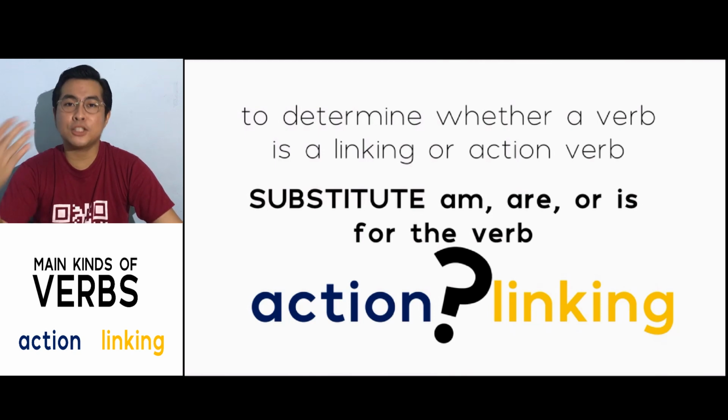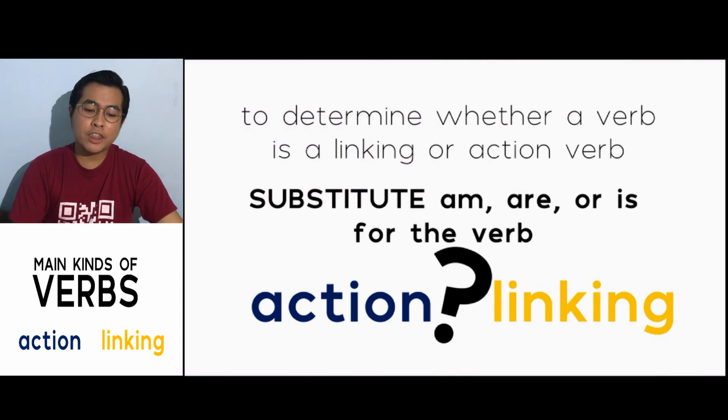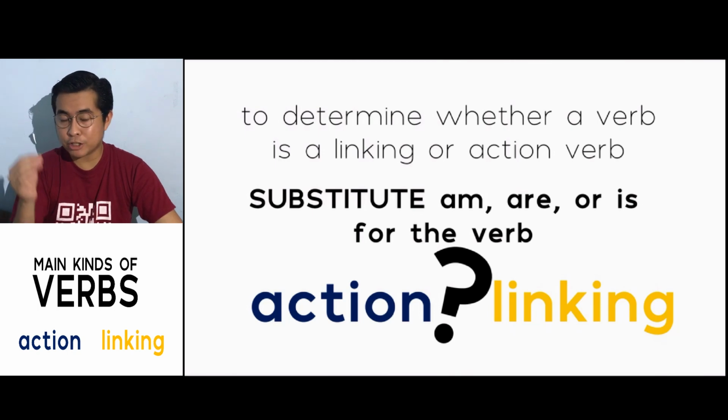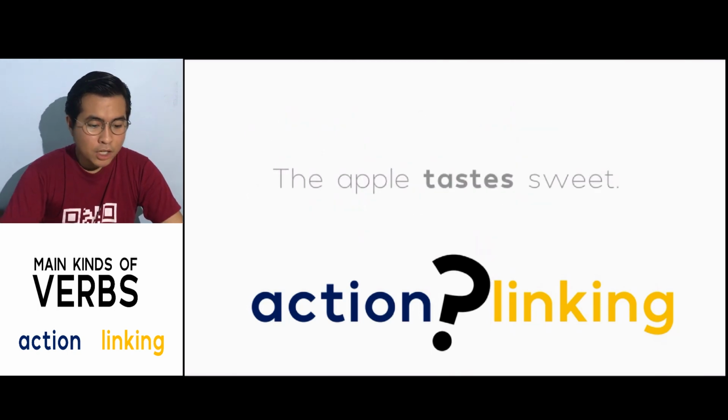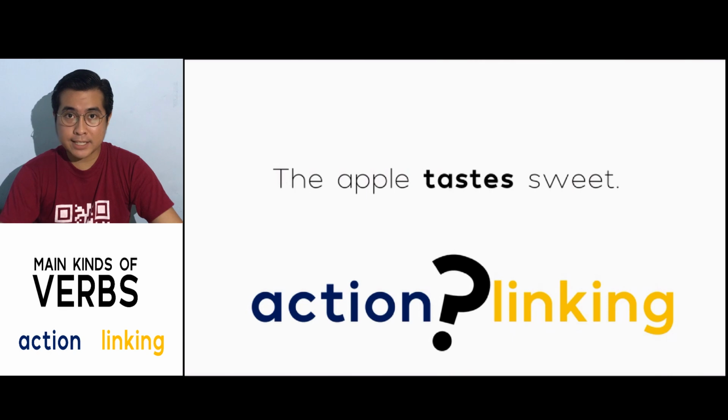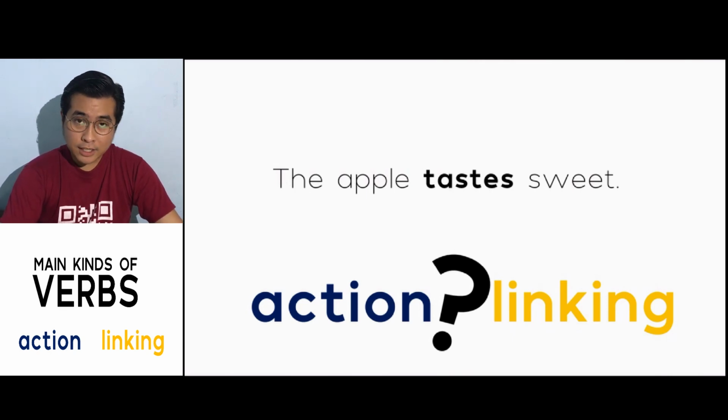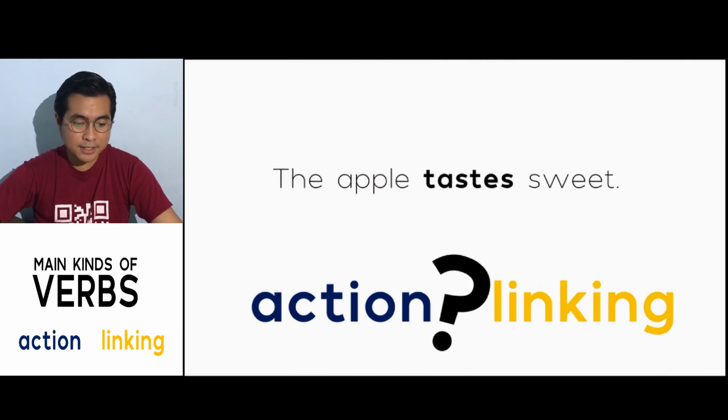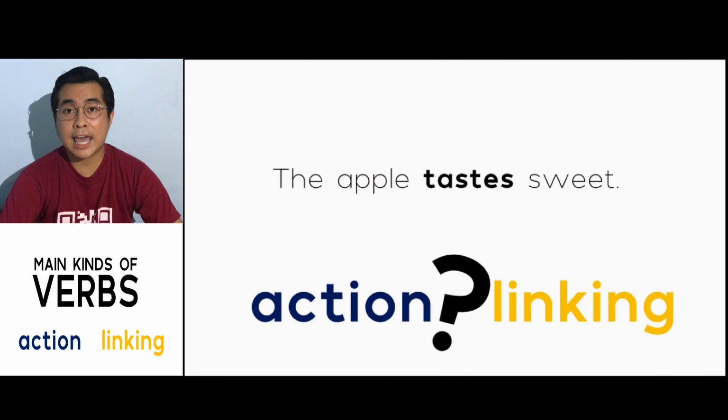So how do we do that to determine whether a verb is a linking or action verb? For example, we have "The apple tastes sweet." The technique says we change the verb, in this case taste, and substitute it with am, is, or are.